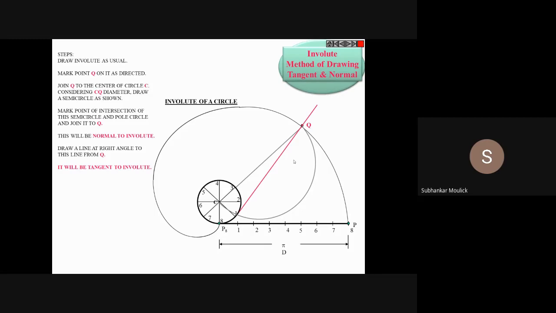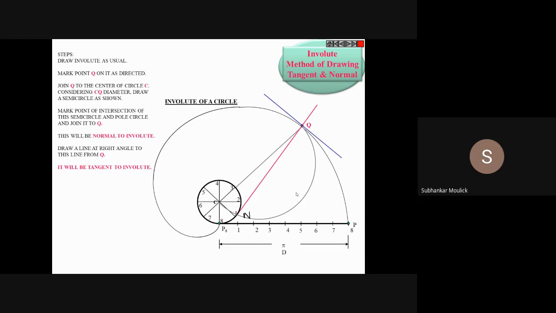Let us name this line N, and this is Q. Now this NQ represents the normal to this involute. If you want to draw the tangent, you will align your protractor with the NQ line at point Q and then draw a 90-degree line with respect to the NQ line.